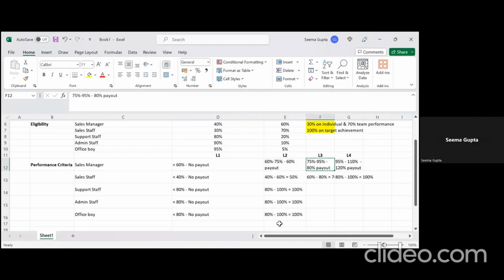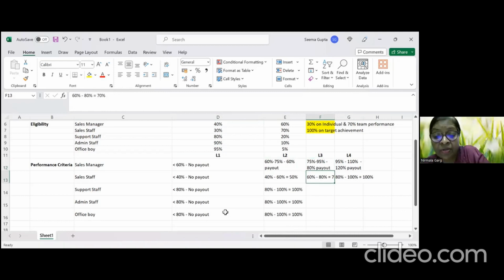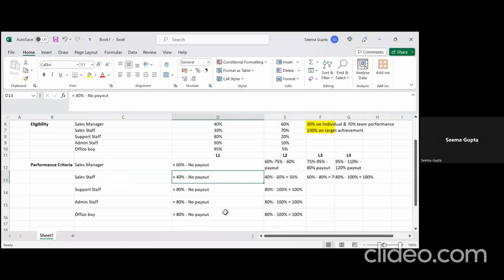You will look at the criteria and then give this percentage. Correct. And 75 to 95% payout, and likewise 95% to 100%. All these criteria of giving certain percentages, you will look at the intent. Correct. Right. So this is a good job.